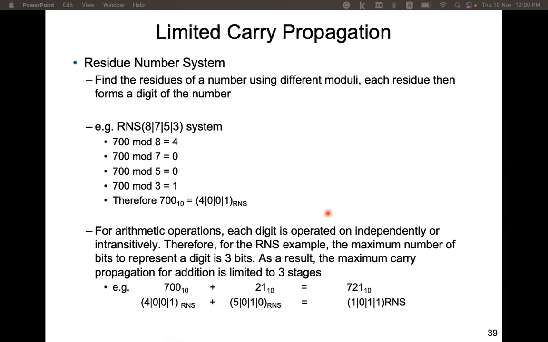For this 5, you need 3 binary bits to represent it. Of course, to calculate 5 plus 4, you need to use a binary adder, and there is some carry propagation involved, but that's only limited to 3 bits. So this is called limited carry propagation.